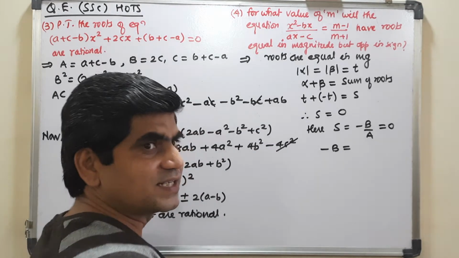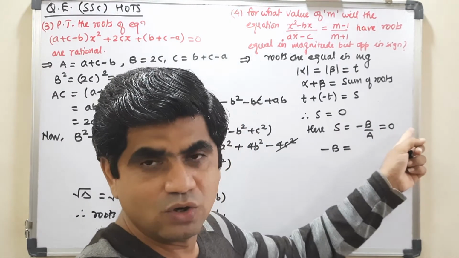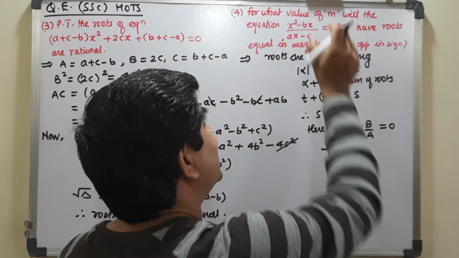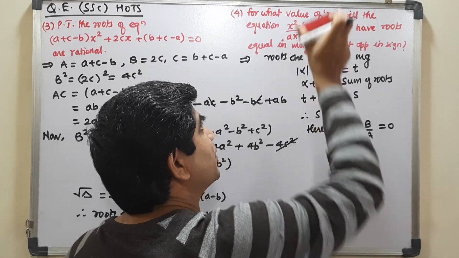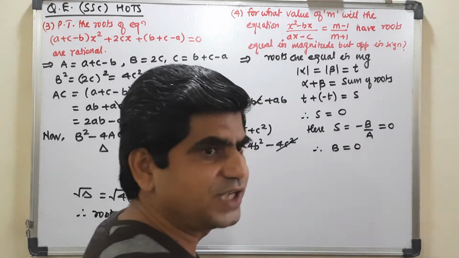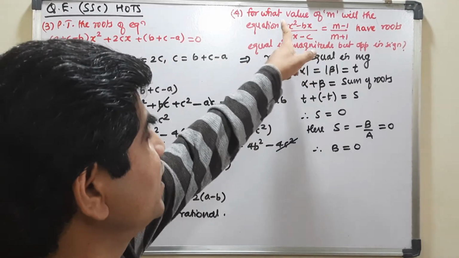I have discussed this already a number of times. I want division to be 0. It is possible only and only if the numerator is 0. That means the value of b or minus b, that is not required. So minus b value must be equal to 0. So I am only interested to find the value of b. So I will solve this first.